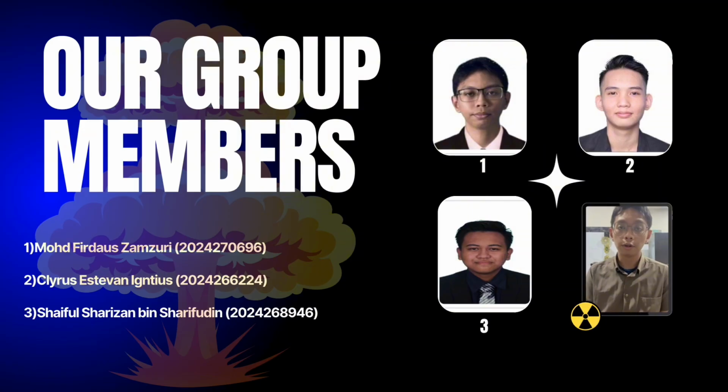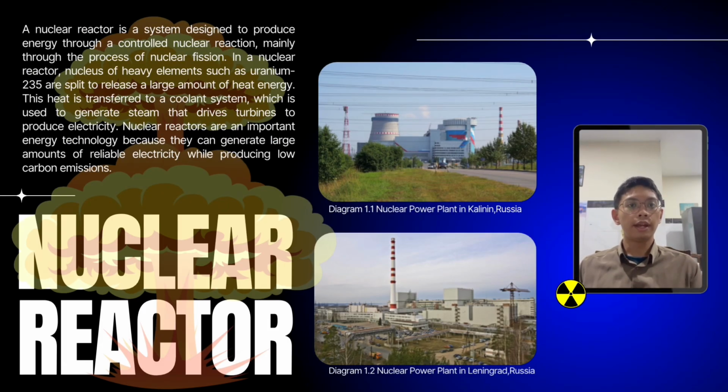So today in this video, we will spend our time talking about the topic that we chose, the nuclear reactor. A nuclear reactor is a system designed to produce energy through a controlled nuclear reaction, mainly through the process of nuclear fission. In a nuclear reactor, the nuclei of heavy elements such as uranium-235 isotopes, also written as the symbol U-235, will be split to release a large amount of heat energy.